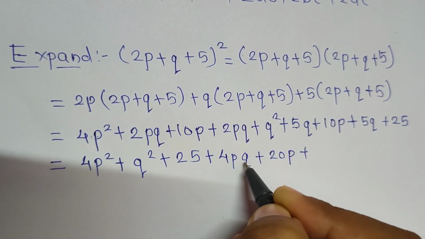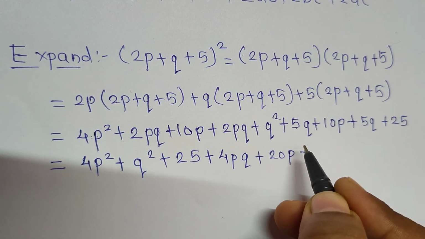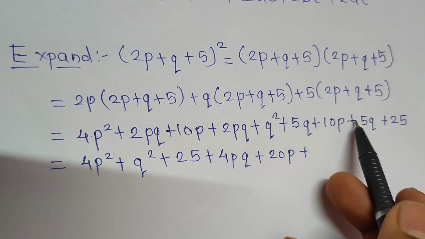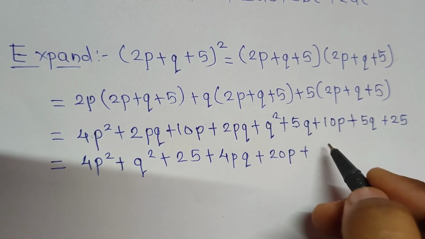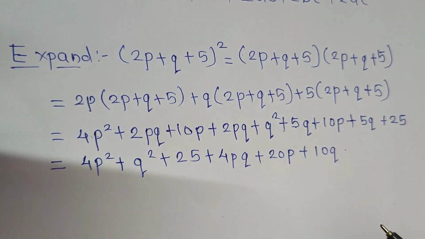We finished with pq, we finished with p. What is remaining now? 5q and 5q. As it is the symbol of addition, 5q plus 5q will give you 10q. So that's the final answer.